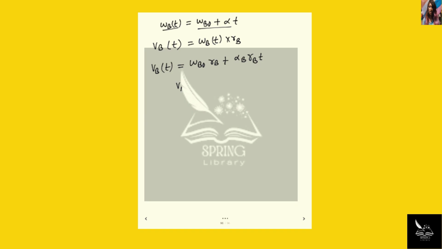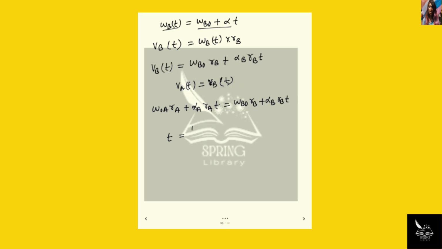Okay, so now taking VA t equals VB t, and substituting both the equations, we will get omega A naught RA plus alpha A RA multiplied by t equals omega B naught RB plus alpha B RB multiplied by time t.